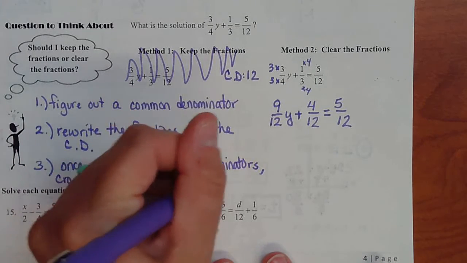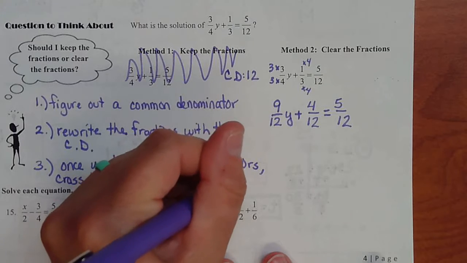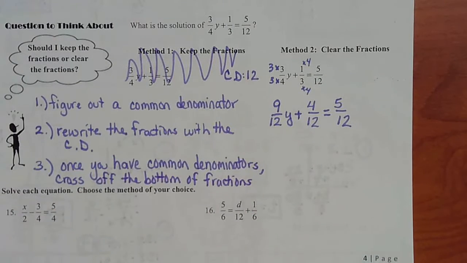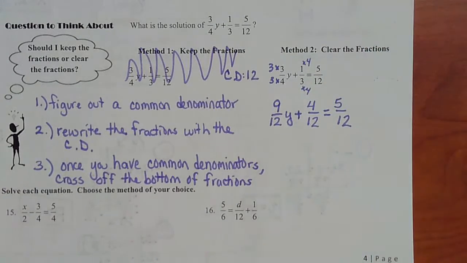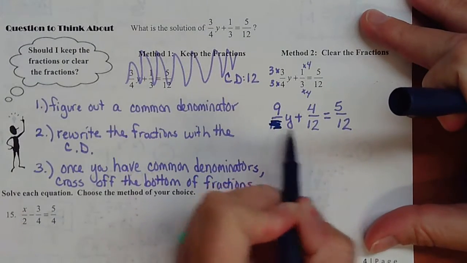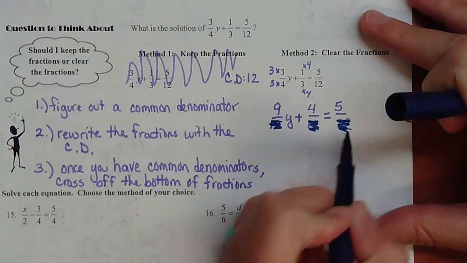They just disappear. So like in my problem here, the 12 goes away, the 12 goes away, the 12 goes away.